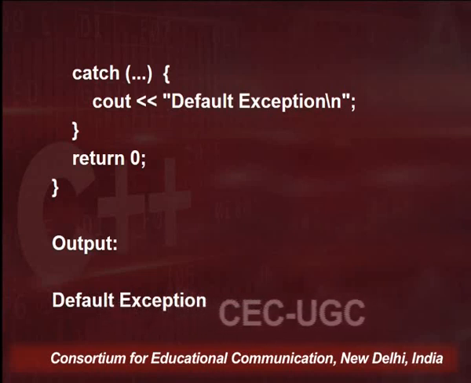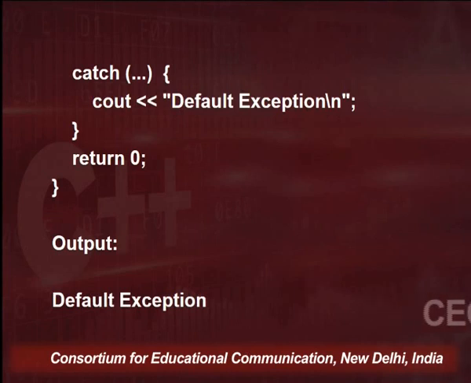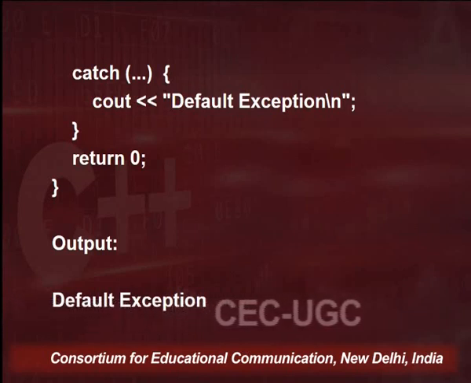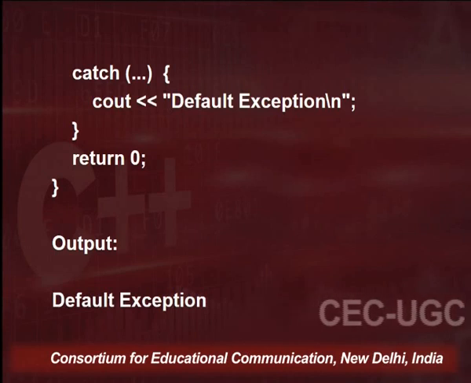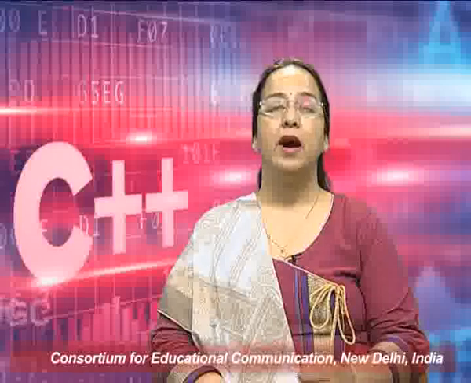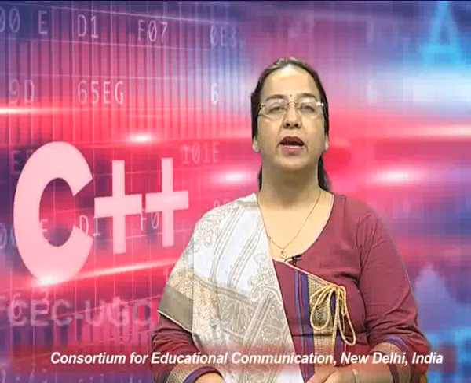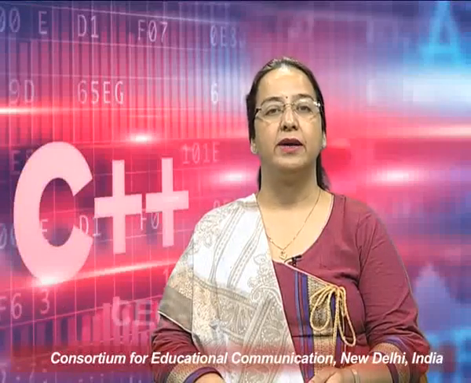So this catch all block is going to handle this exception, and this will be the output, that is default exception, because the catch all block will be executed, and hence your program will have a clean and concise exit.